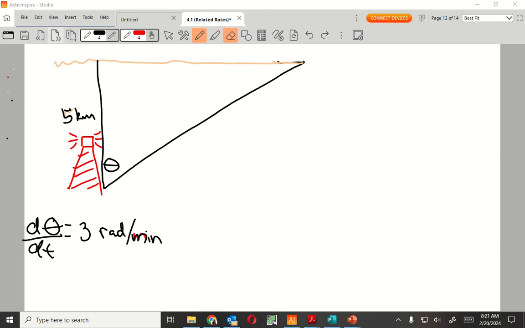So that means that my theta is not here. My theta is over here. That theta's right there, and this one is going to be my 60 degrees. Is my theta.